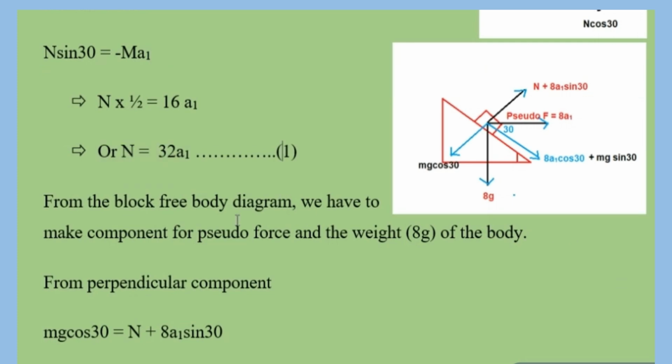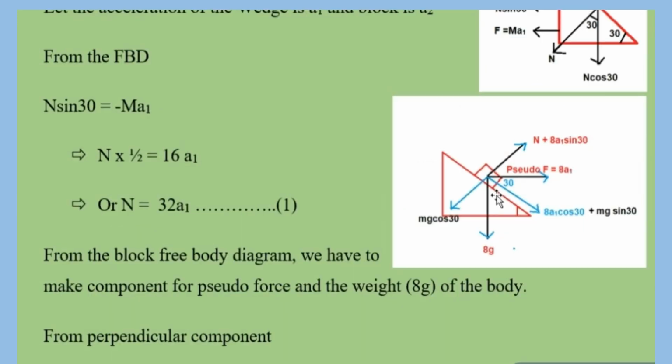Now let me see the free body diagram of the second body. Here the normal force is acting perpendicular to this slope, that is, this inclined plane. That is N. And there will be a pseudo force acting because this small body is in a non-inertial frame of reference, meaning the frame itself is accelerating.